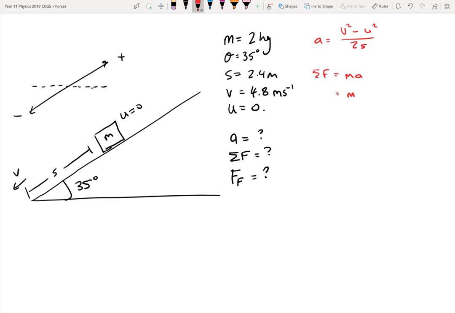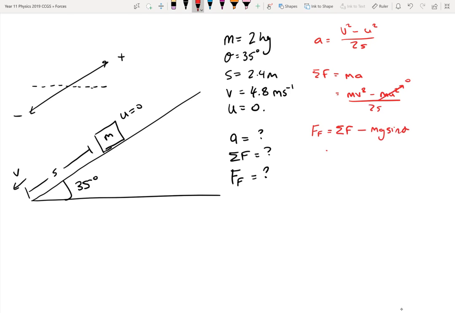If V is 4.8 and acceleration is negative, what is the force of friction? Do you get FF as being 12?